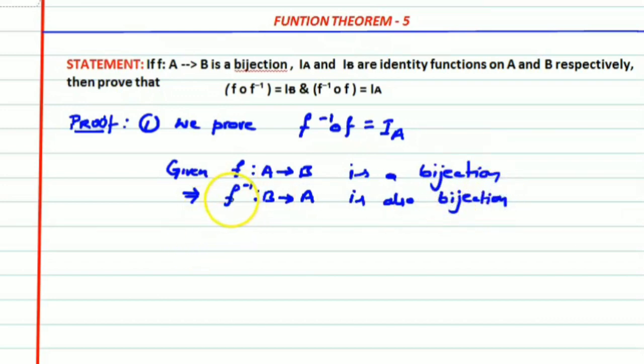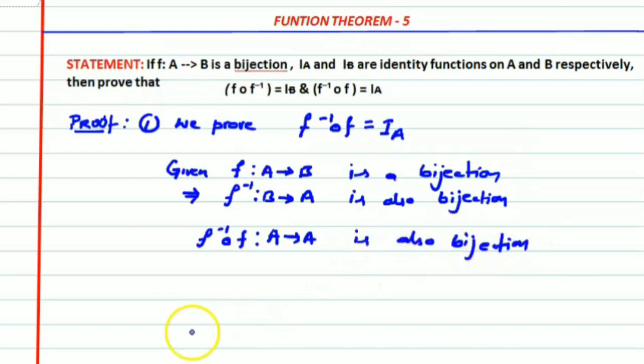Next, f inverse circle f: if g maps from A to B, f maps A to B, g maps B to C, then g circle f maps A to C. Here f inverse circle f maps A to A, which is also a bijection.